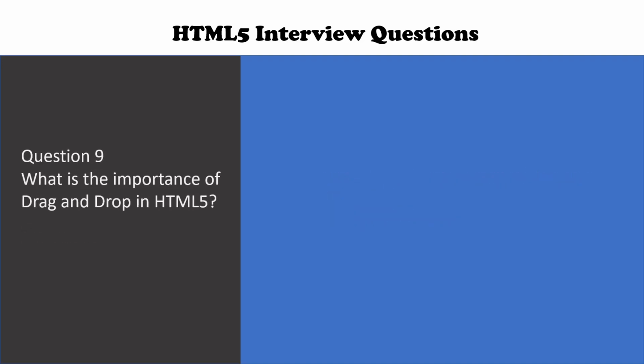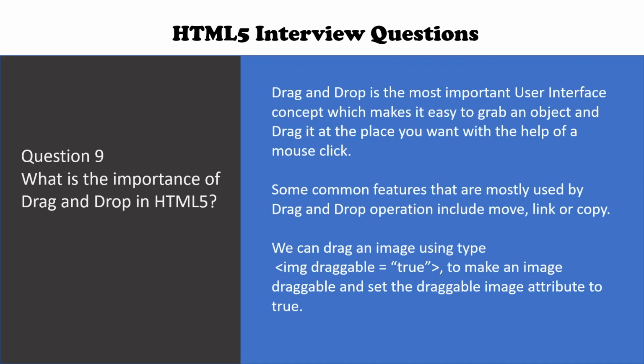Next is question number 9, which is, what is the importance of the drag and drop API in HTML5? The drag and drop API is an important user interface concept, which makes it easy to grab an object and drag it to the place you want with the help of a mouse click.